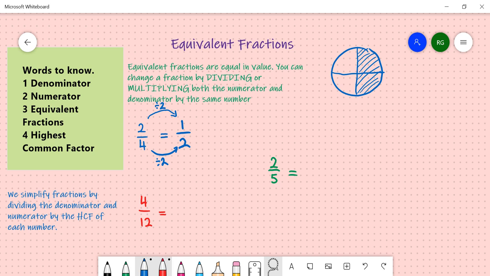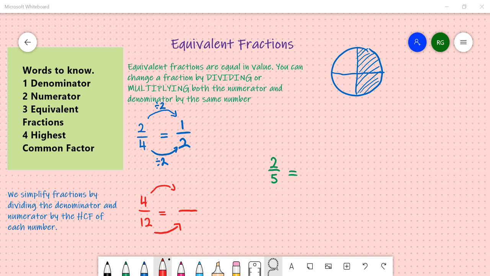Let's have a look at the red example. So we need to work out, we have 4/12. And again, some of these look maybe pretty obvious to you initially, but the questions can get harder. And so by having the right working out and the right strategies, it's going to help you when questions get more and more difficult as this chapter progresses.